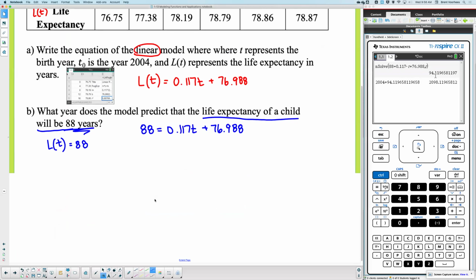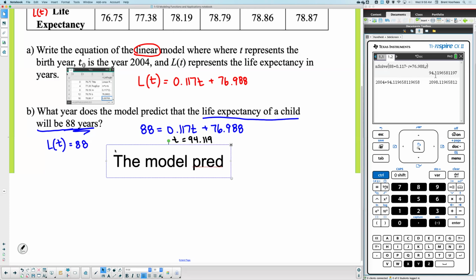Okay, so what we'll say here is that t is 94.111, and so the year would equal 2004 plus that 94 point. You know what? I'm just going to write it out in simple words.